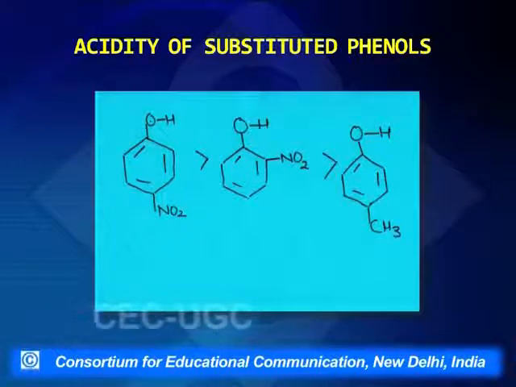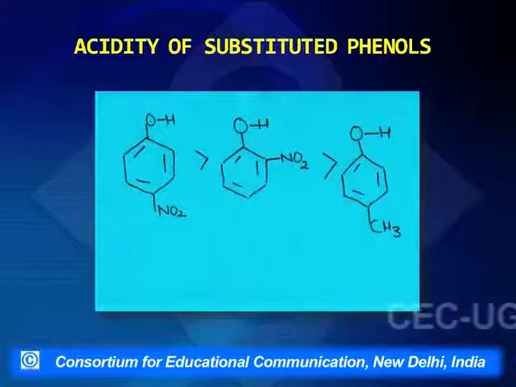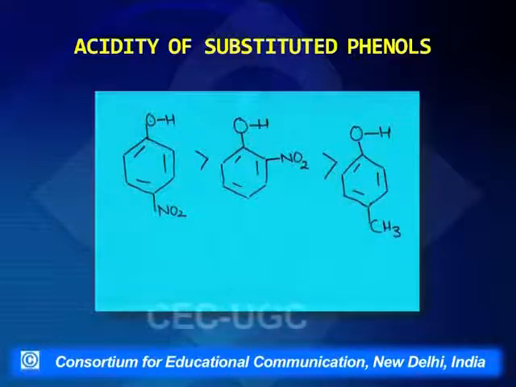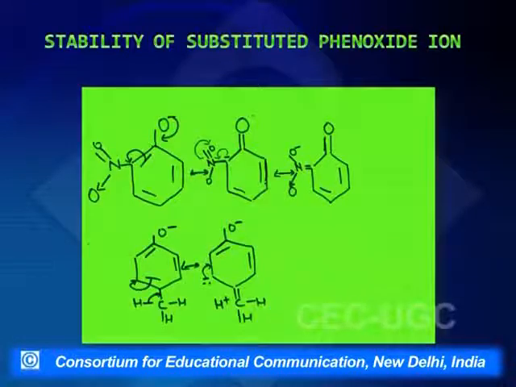Now if I look into the effect of substituents on acidity of phenol, then what we find is that electron withdrawing groups like nitro will increase the acidity, whereas a methyl group decreases the acidity. Now if you look into a nitro group here, because of extended resonance effect, what we find is it is able to pull the electrons and this base is stable.